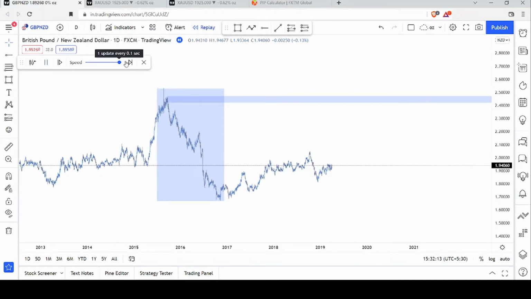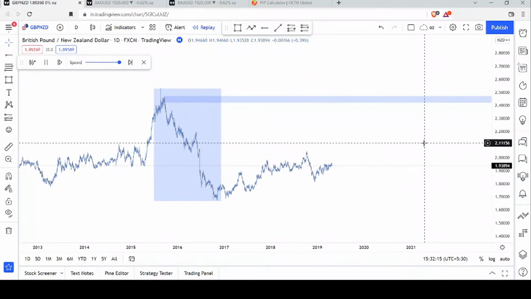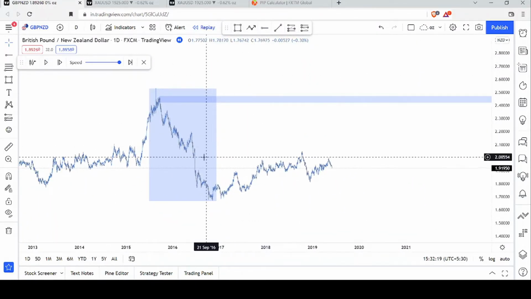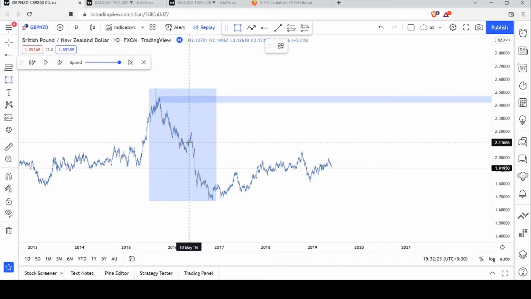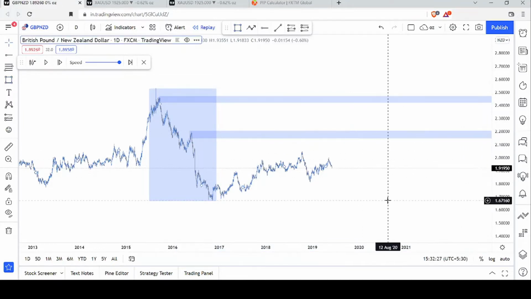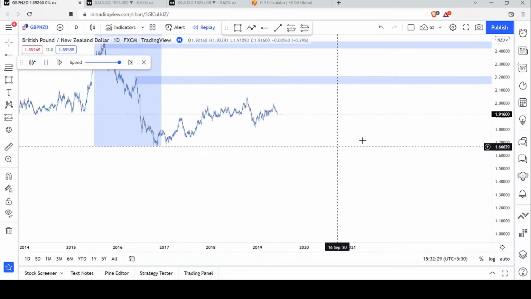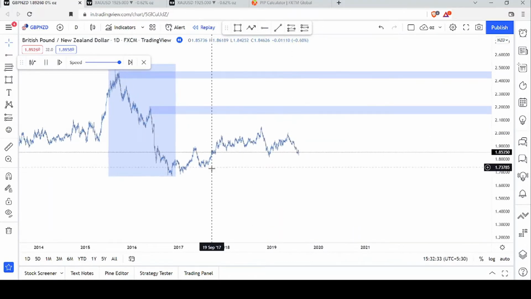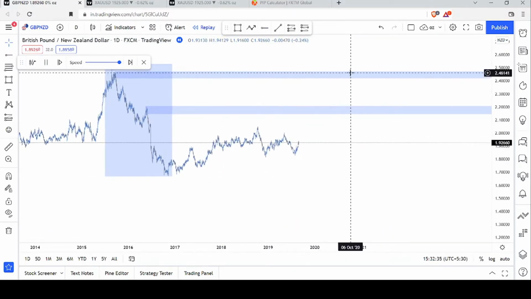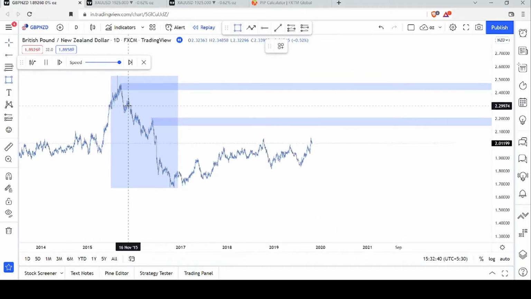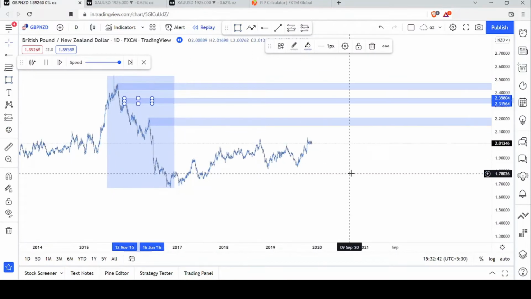Let's see if we can have that. Also, if you notice, we have a breakout structure from here. So even this is also a very valid zone for our sale. Until price breaks this low, this and this is a zone that you can look for a sale. Even this you can use.